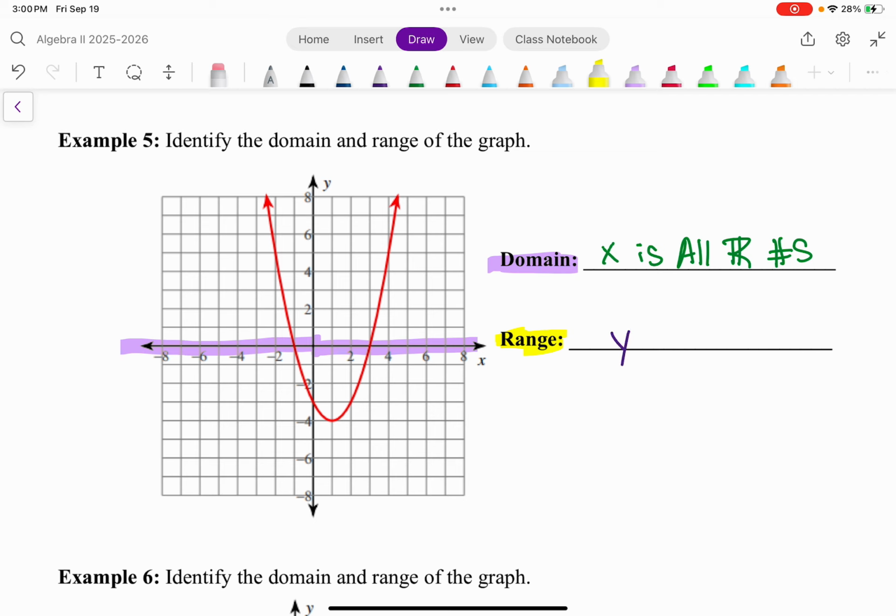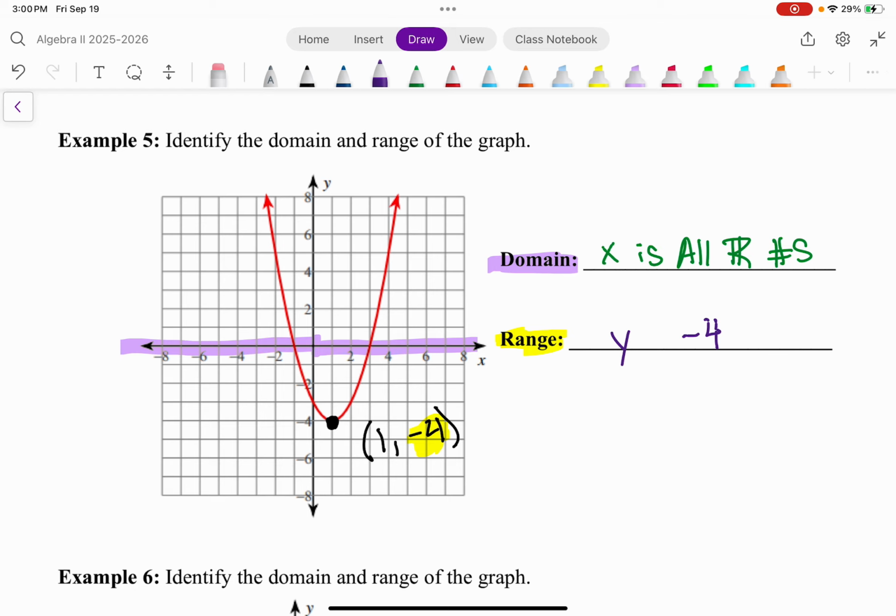You are going to compare y to the y value of the vertex. So if we look at the vertex on this graph, it is at (1, -4). So when you are writing your range, you are going to use y and the y value of that vertex, -4.